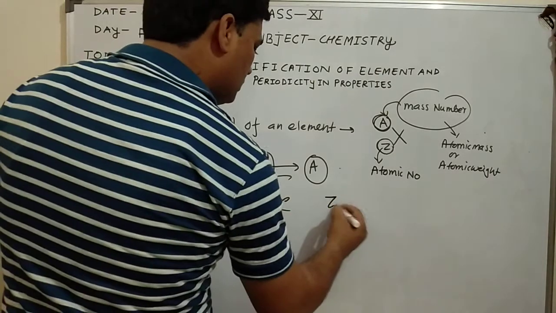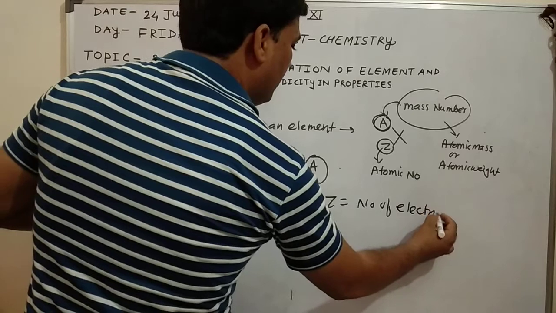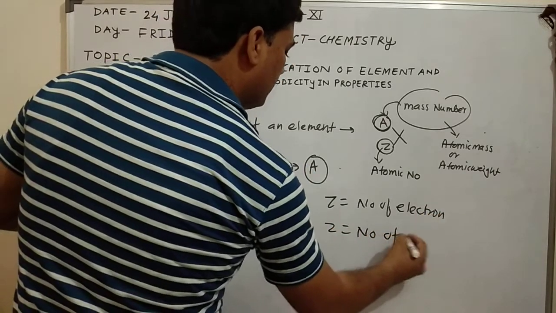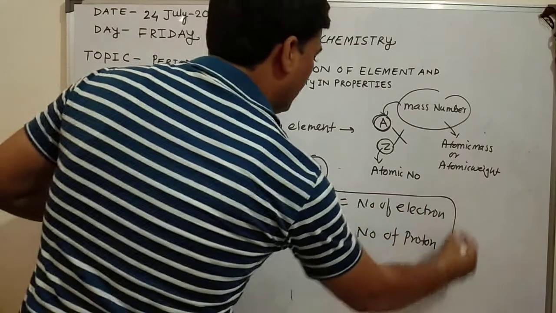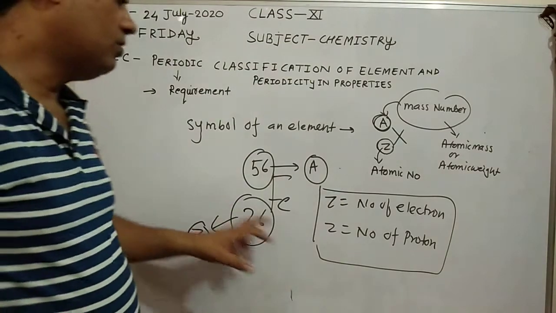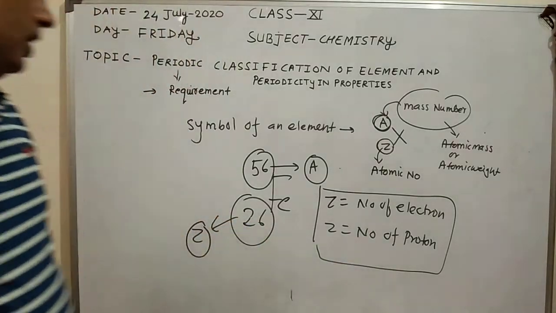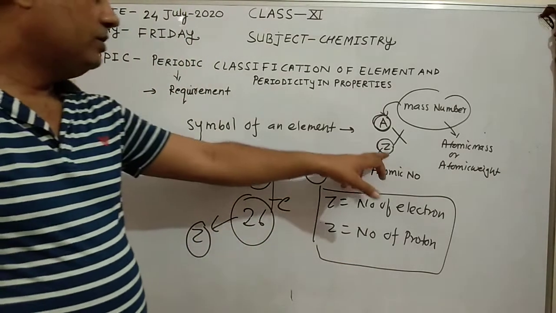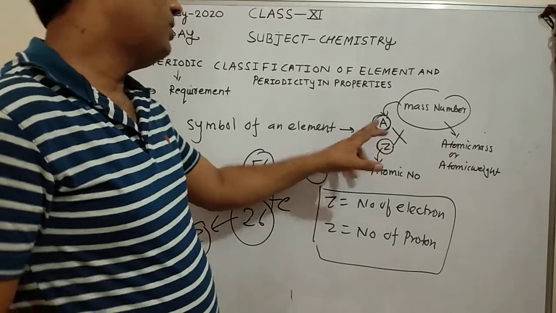Atomic number Z is equal to number of electrons and also equal to number of protons, because an atom is electrically neutral, so the number of electrons is equal to the number of protons. Atomic number is always written in lowercase and atomic mass is always written in uppercase.